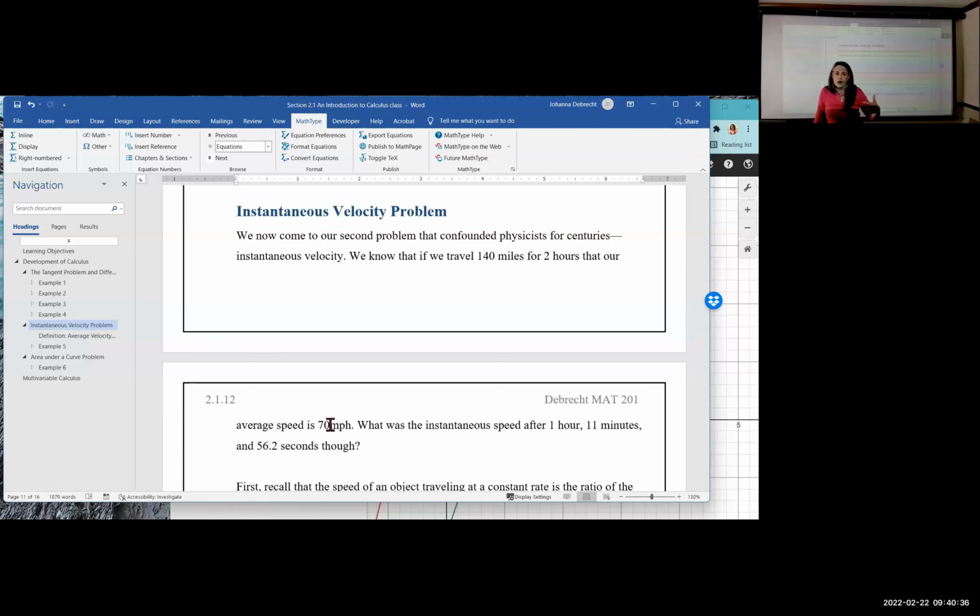You get behind a slow car, you slow down. You need to pass somebody, you speed up. So your average speed is going to be different at any point in time than your instantaneous speed. So the instantaneous speed is different than the average speed. And that's what we're trying to figure out right now, is what is the average speed compared to the instantaneous.